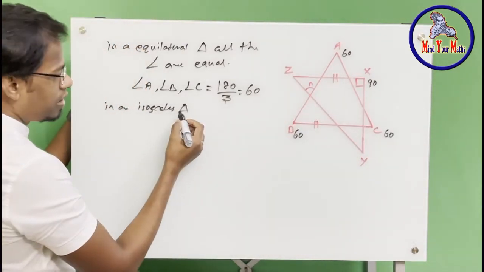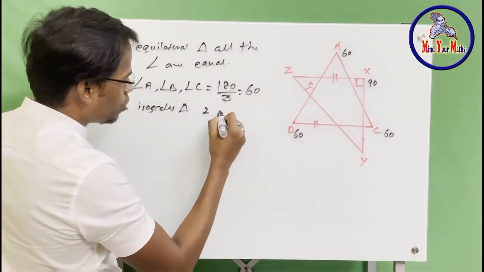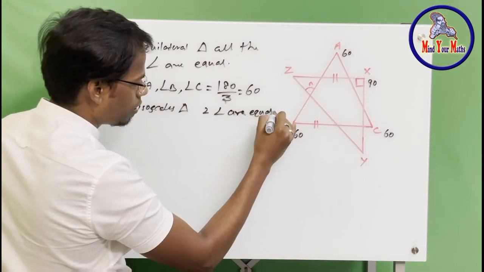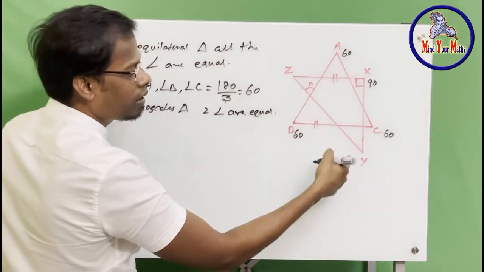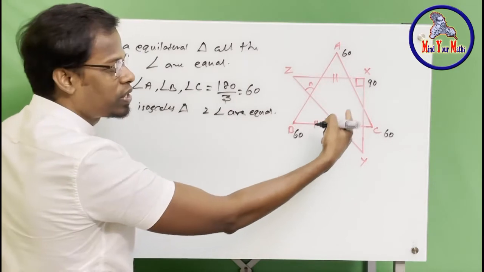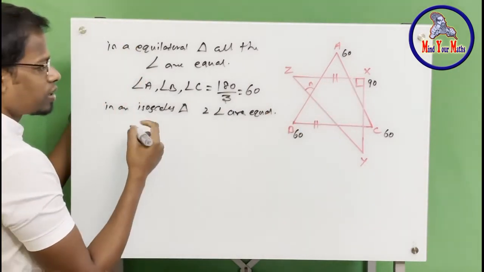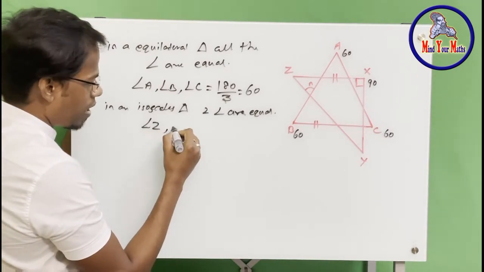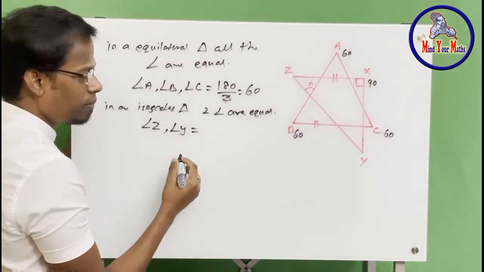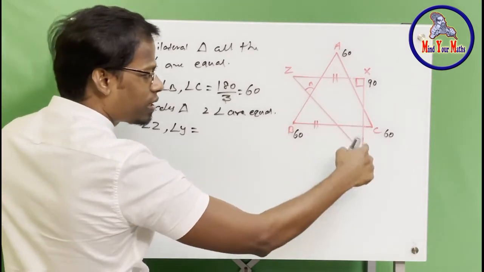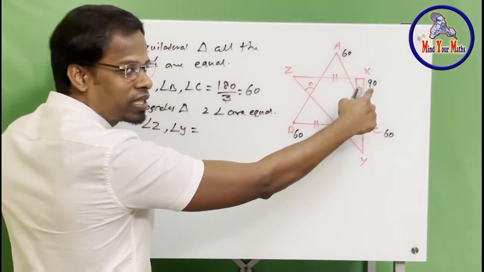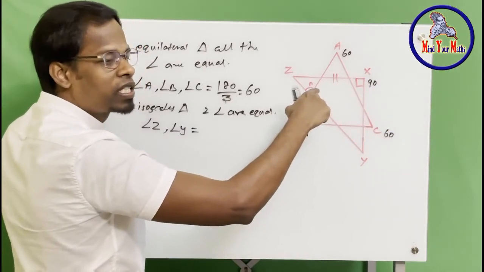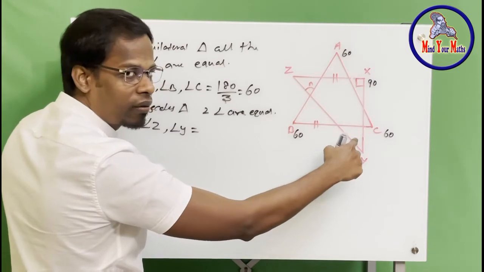All three add up to 180, and this one is 90, so this is taken already. Whatever is remaining needs to be split between these two equally.